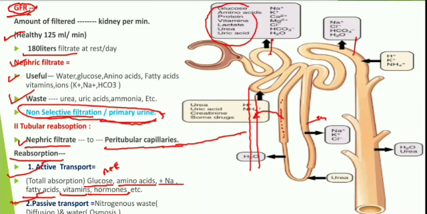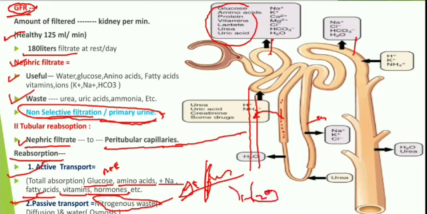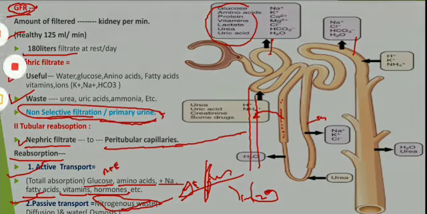For example, nitrogenous wastes like ammonia, urea, uric acid are reabsorbed by diffusion, and water is reabsorbed by osmosis. And this is about tubular reabsorption.